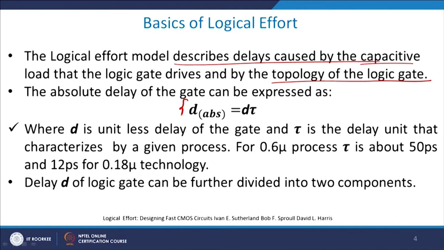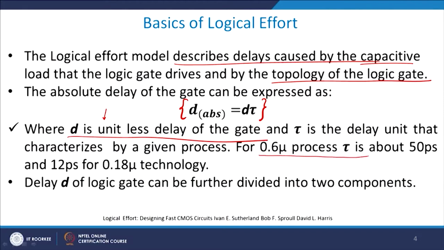Now, the absolute delay of a gate is given by this basic formula, where D absolute is equal to D multiplied by tau. Now, D is basically a unitless delay of the gate and it depends upon the type of process through which you are designing that particular gate. So, this intrinsic delay, you cannot do too much manipulation in, because it depends on the fabrication process through which the structure has gone.